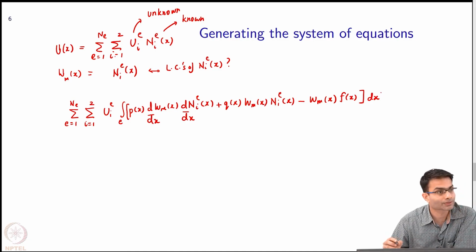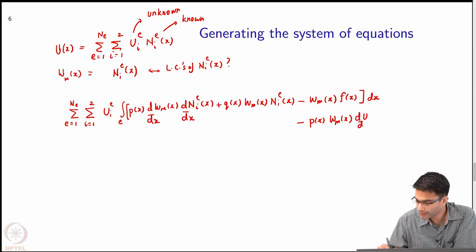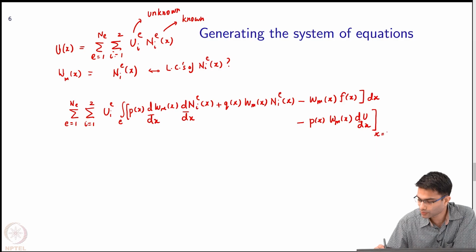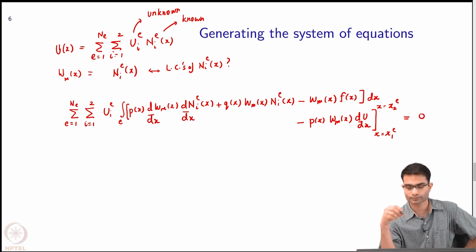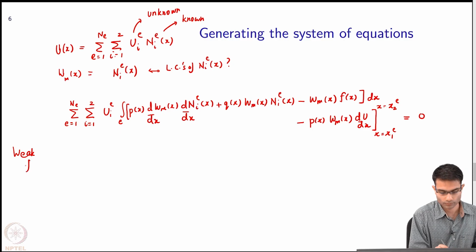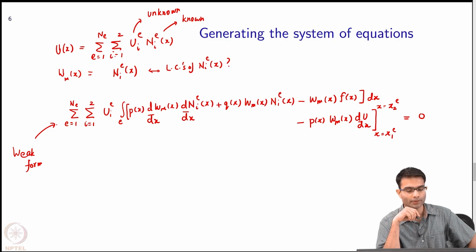And what was left was the boundary condition terms, right. So, that is Px Wmx du by dx. And what are the endpoints of this segment? X is equal to x1e, x is equal to x2e is equal to 0. This is the weak form. So, all I have done is substitute u and I have kept w as w.